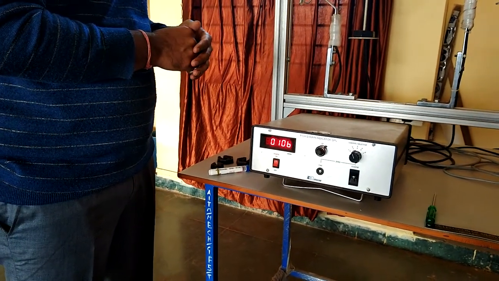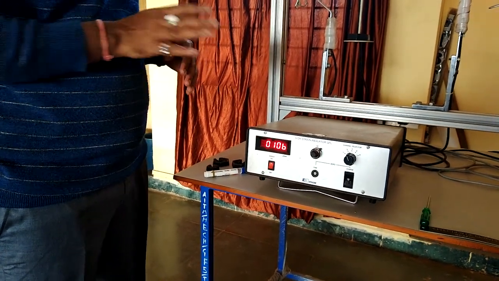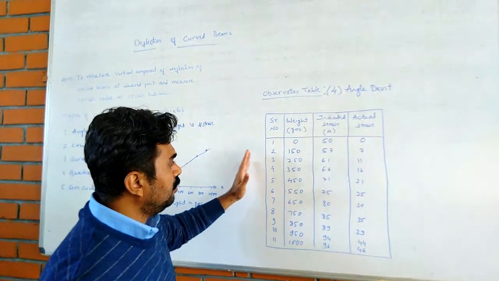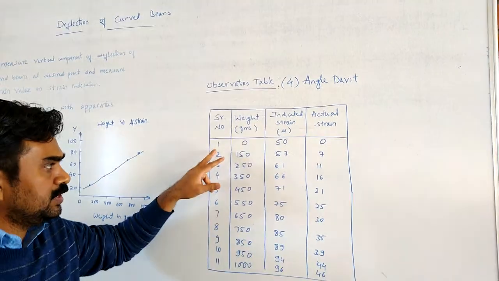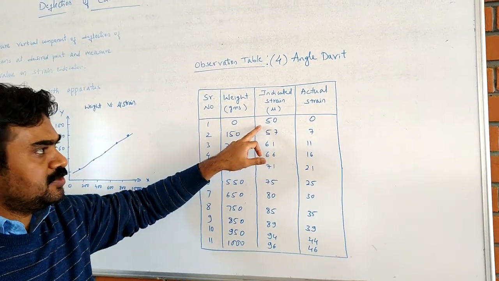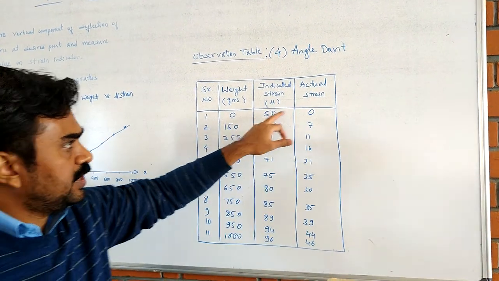Now we will see one of the readings for the angle debate. As we saw in the experiment, for 0 weight it was showing an indicated strain of 50 microstrain, so we consider it as 0 microstrain actual strain.